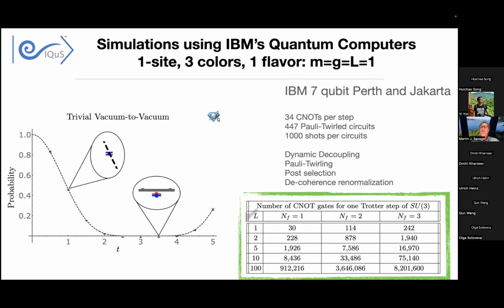A number of error mitigation techniques have been developed over the last period, which have turned out to be remarkably effective. One Trotter step requires the application of 34 CNOTs. The techniques that we use to obtain results include dynamic decoupling, developed by IBM, where when you're applying your quantum circuit to a few qubits and others are sitting idle, you actually flip them to deal with some residual charge effects on the chip.